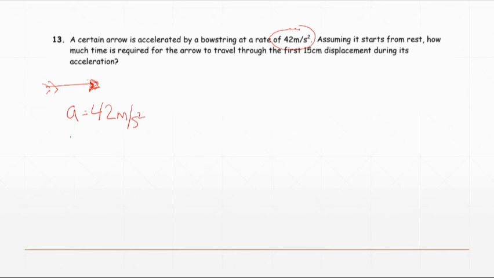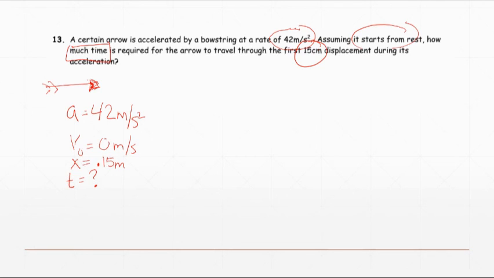Assuming that it starts from rest, again, very important, v initial is 0 meters per second. Starts from rest, we're going to circle that. How much time is needed? So I'm trying to find time for the arrow to travel through the first 15 centimeters. I'm going to quickly convert that by dividing by 100. That gives me 0.15 meters.